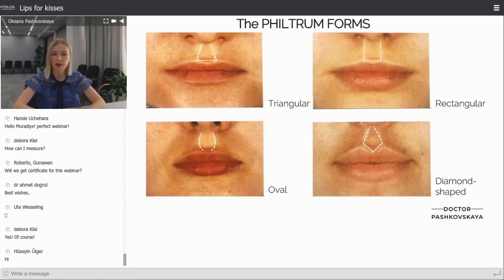But you know, when I recognized that there are different forms of philtrum and started injecting definitely in the right direction, I really achieved more pronounced and longer results. So I also draw your attention to really recognize what form of philtrum your patient has and inject definitely in the right direction.